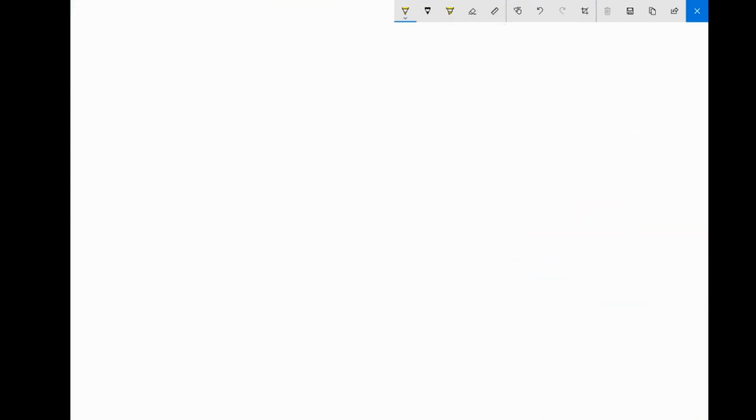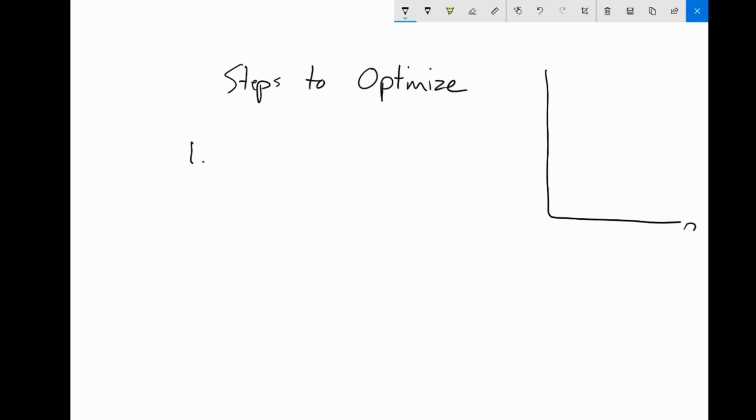All right, so let's formalize it into some steps. Steps to optimize. Step 1. And maybe I'll draw the graph over here just to remind us.